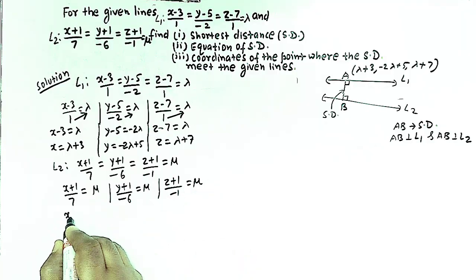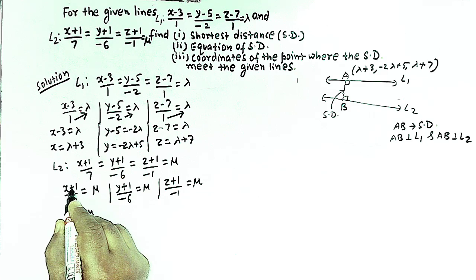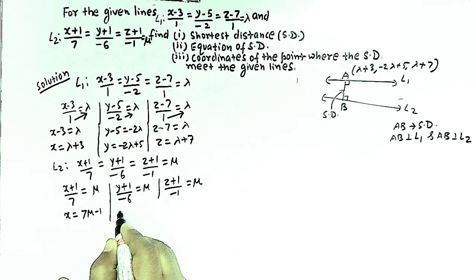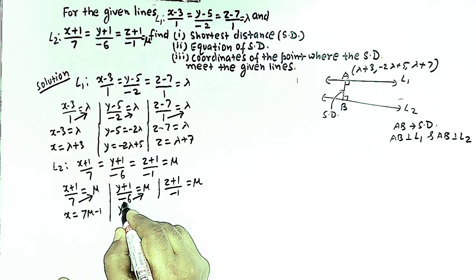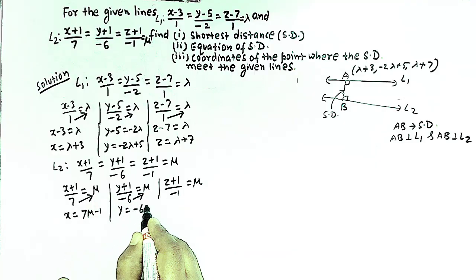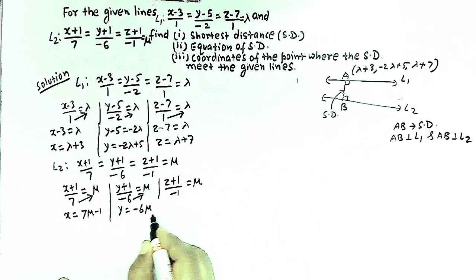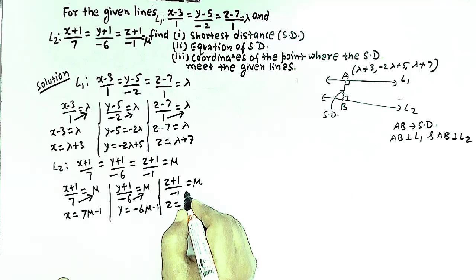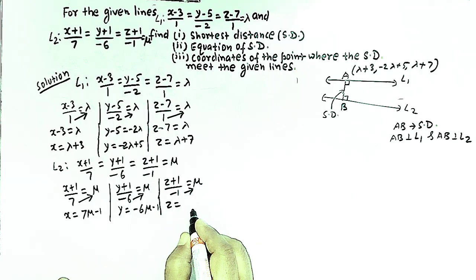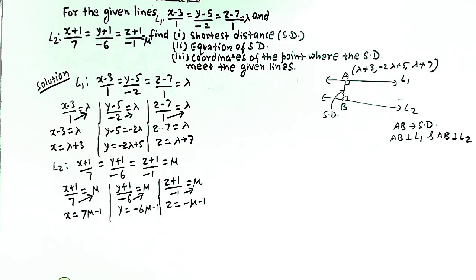So from here we have x = 7 mu - 1, y = -6 mu - 1, and z = -mu - 1, right?